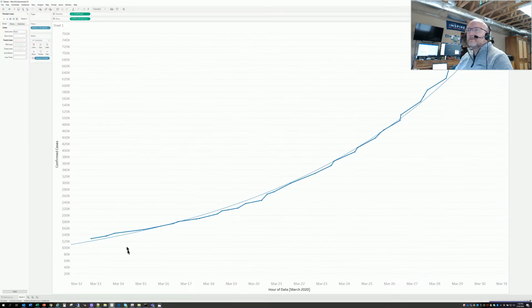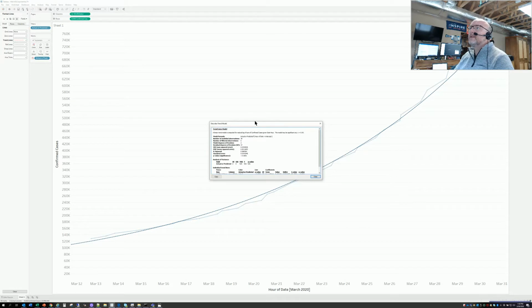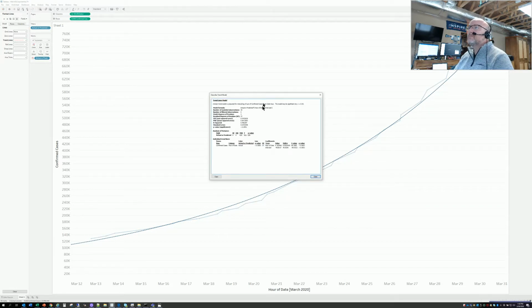Tableau has the same data shown here in blue. This is the actual data points. And you can see that the exponential curve fit for that, if I display this trend model, we can see that we have a slope, as I already mentioned, of 0.103646, and we have an intercept of minus 4538. So if you took this all the way back to time 0, that would be your intercept.